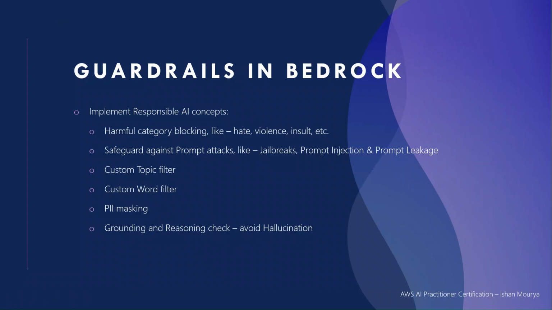Okay. So with the use of grounding and reasoning check, you can avoid such cases. Your model is going to recheck, and you can set it up so that only if a higher confidence score is there, then it provides the response. So you can avoid hallucination using guardrails as well.